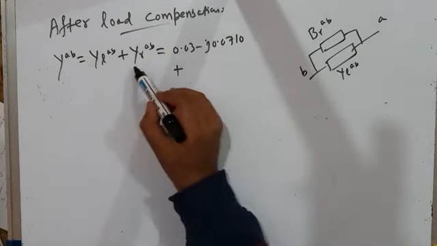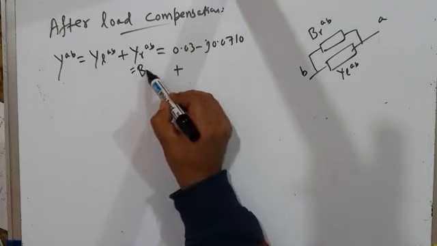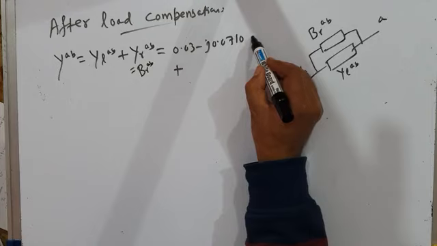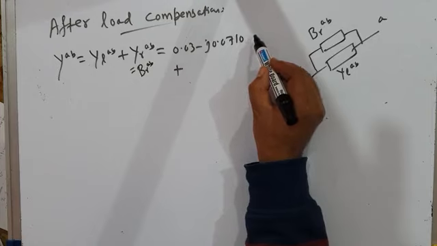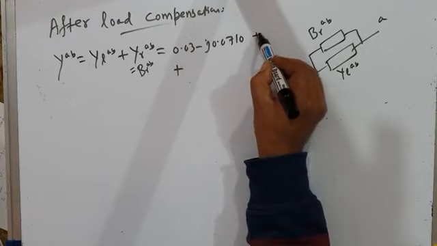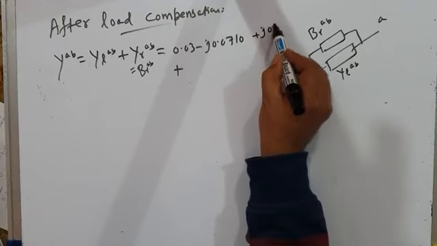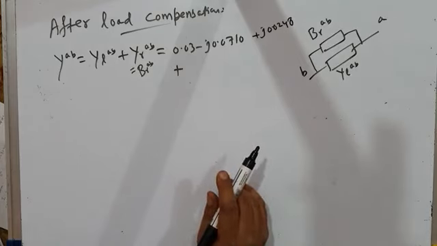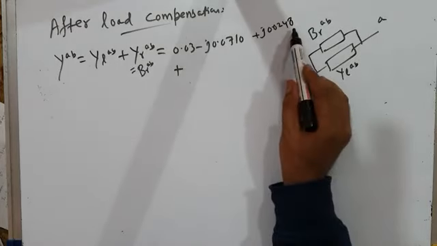If you remember, that was plus J 0.0248. Let me check it. Yes, B gamma AB was 0.0248 mho.